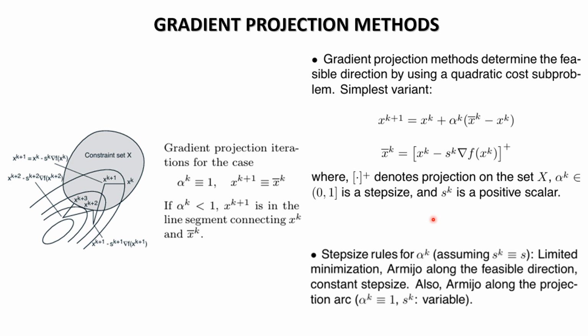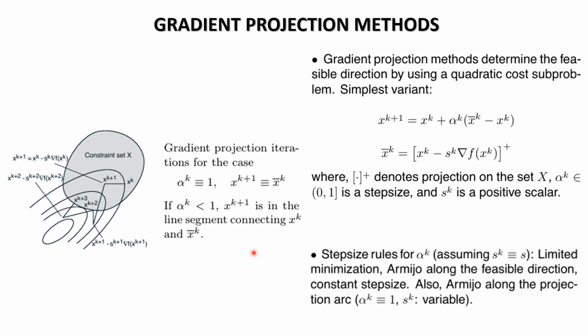Depending on the context, alpha k can be chosen as a constant, for example 1, or according to the Armijo rule, a sufficient decrease condition to guarantee convergence.